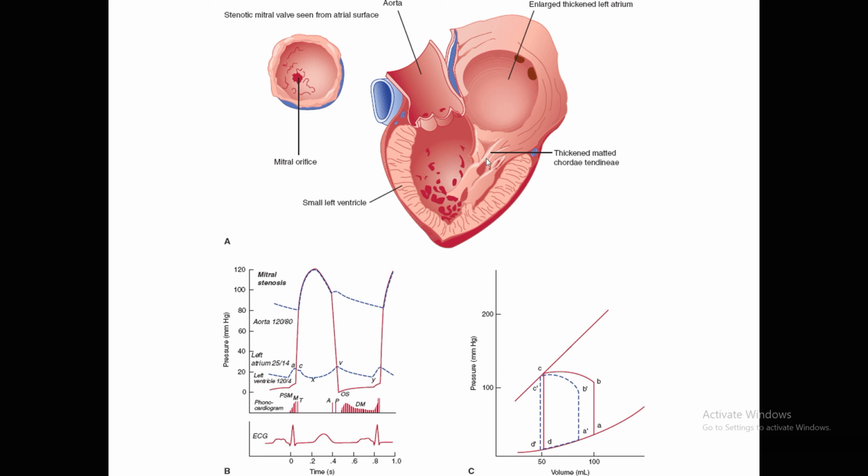The stenosis, the narrowing of the mitral valve, causes decreased filling of the left ventricle and, as a consequence, decreased stroke volume and decreased heart output. However, the volume will be retained in the atrium, thus causing increased left atrial pressures. The left atrium will be enlarged and finally thickened.